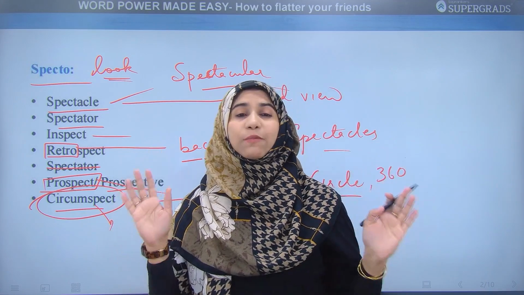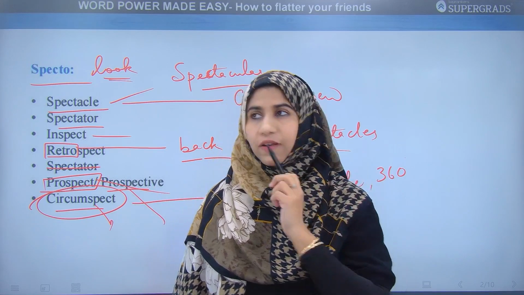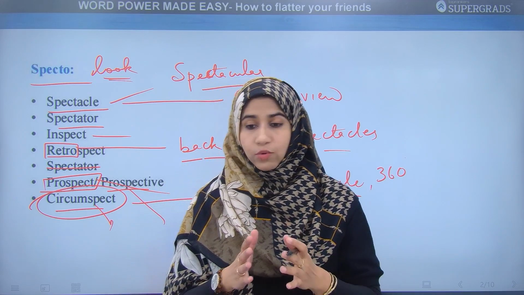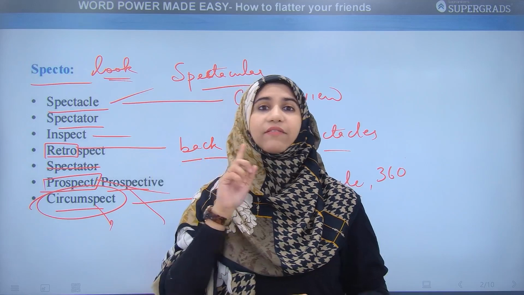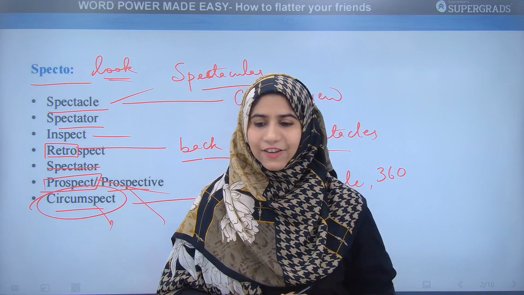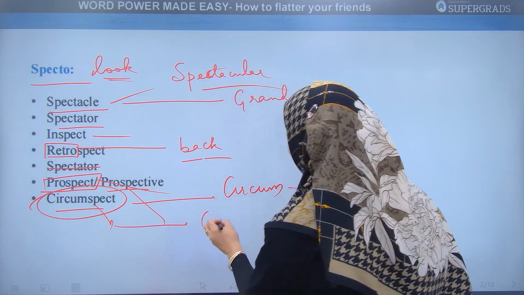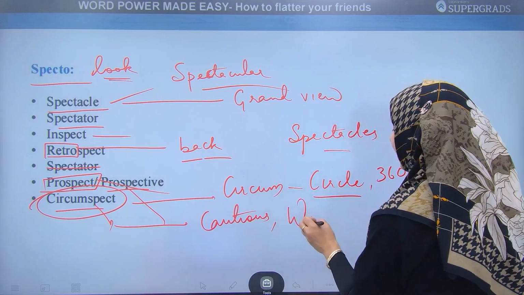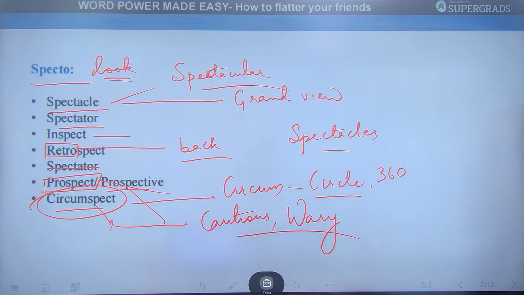So circumspect means to look at 360 degrees. I mean, look around, check, be cautious. If I say that you have to be circumspect, you have to be very careful, you have to investigate things, look all around and check, and then take an action. That is to be circumspect, right? So being circumspect is being very cautious or very wary. You're being very careful, you look around and only then you take any action.